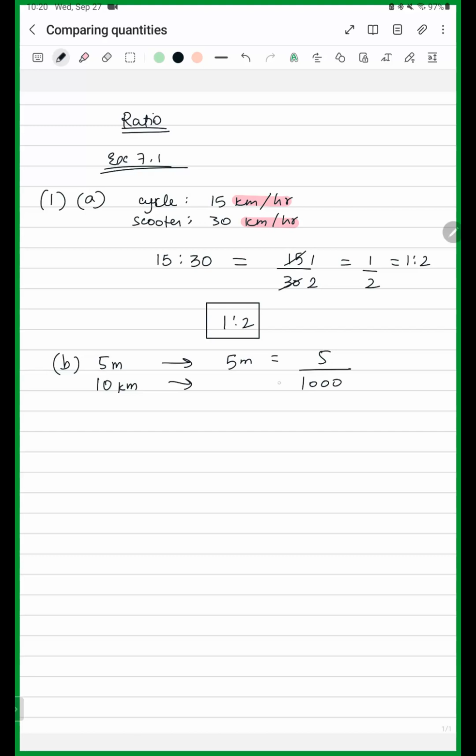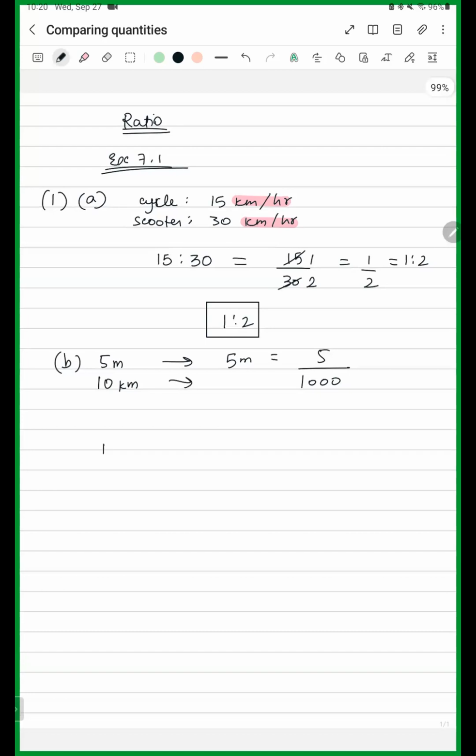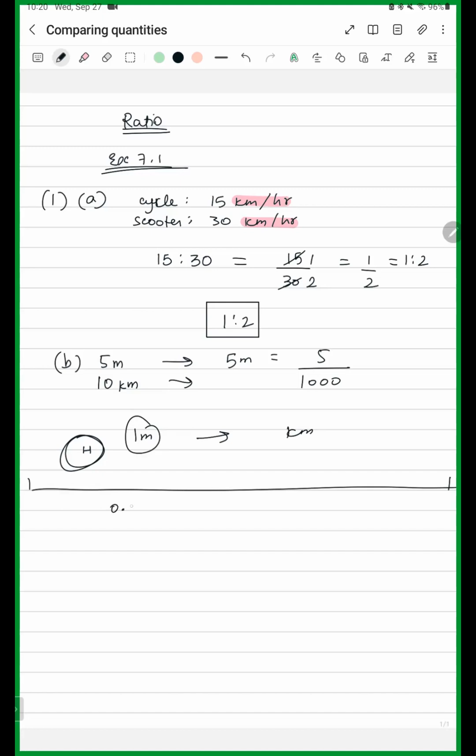See, let's say this is 1 meter from here to here. Then this entire thing is 1 kilometer. Then obviously 1 meter, if you want to convert that into kilometers, you will write something like 0.001 kilometer, because it will be like this much.